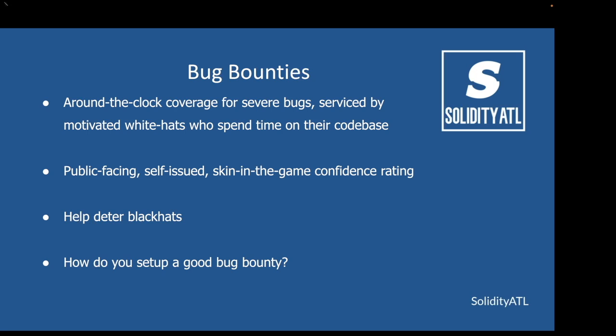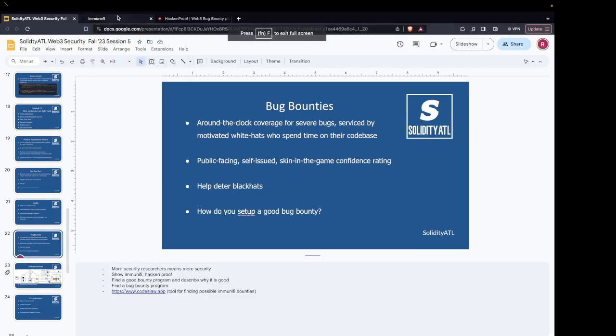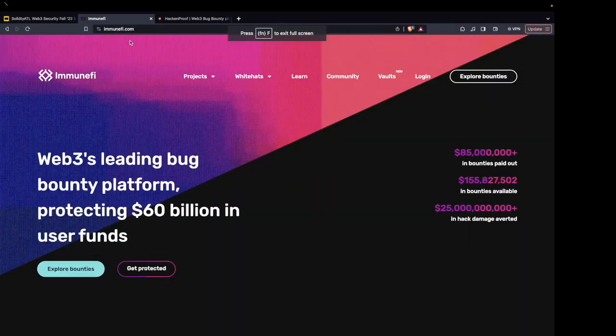As I mentioned when talking about audits, once a protocol has deployed their code to mainnet and it's live, they should create a bug bounty. Some of the platforms for that: the first one is Immunefi.